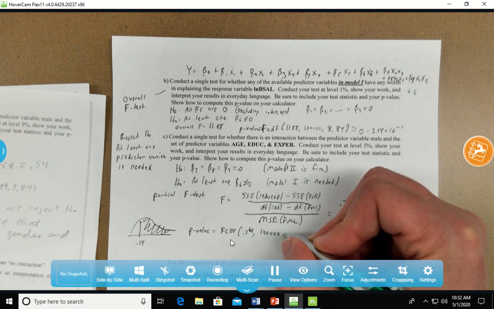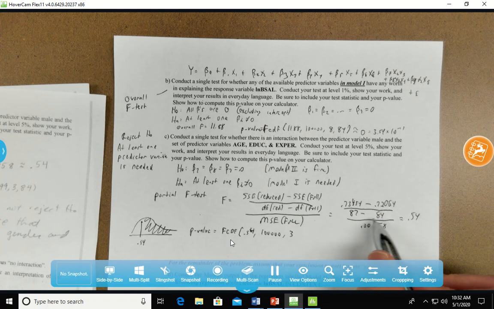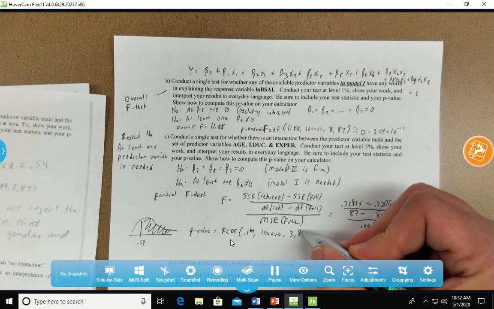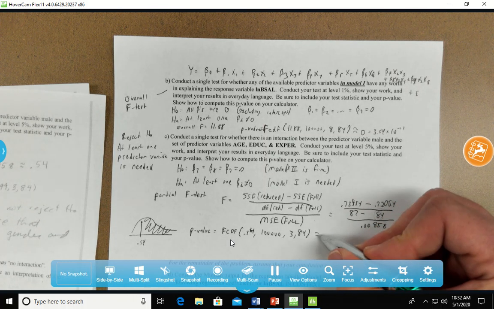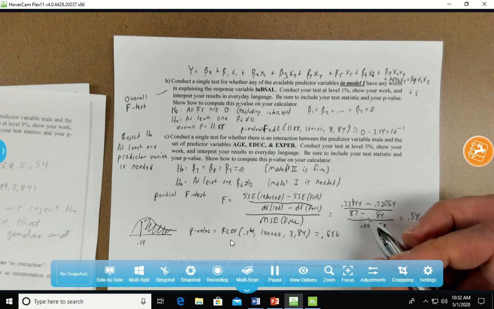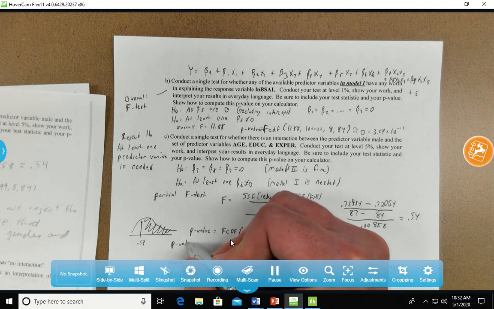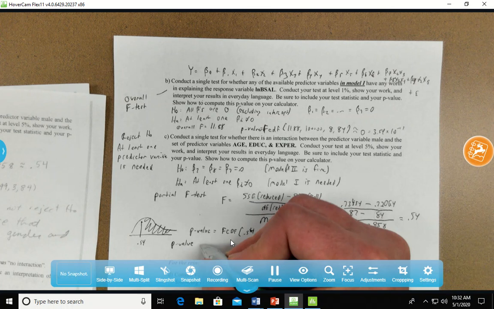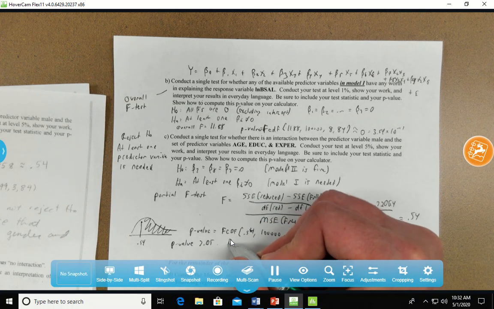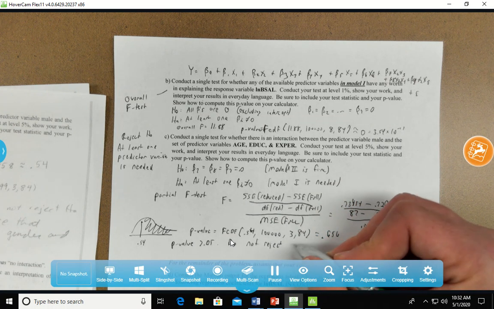You have 3 degrees of freedom in the numerator, because 87 minus 84 is 3, and the degrees of freedom in the denominator is 84. If you do that, you get 0.656, which is quite a bit bigger. So the p-value is bigger than 0.05 by a ton. So we do not reject the null hypothesis.